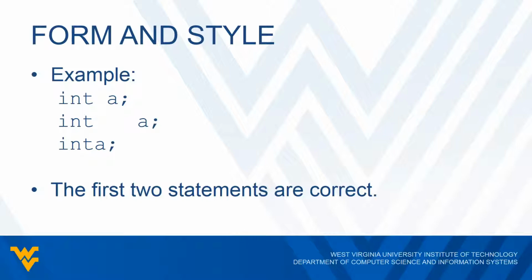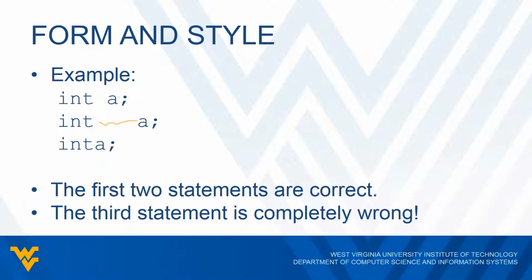The extra spacing between the int and the a in that second line is pretty useless. It doesn't really serve any purpose other than adding extra spacing. Now, the third statement itself is just completely wrong. This does not work at all. That's a compiler error. Java doesn't know what int a is, so you need to have some spacing there.